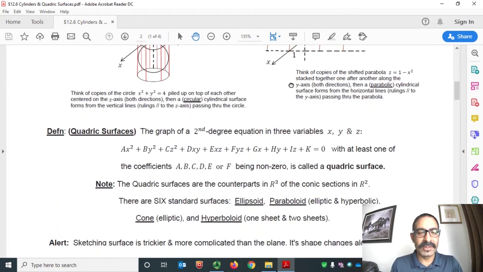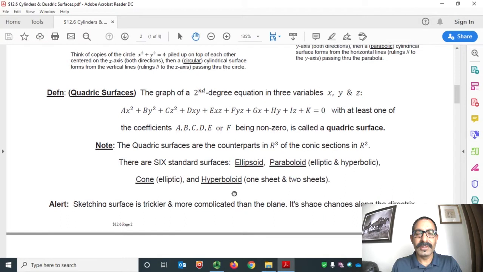Next, let's talk about quadric surfaces. The graph of a second degree equation in three variables x, y, z, such as ax squared plus by squared plus cz squared plus dxy plus exz plus fyz plus gx plus hy plus iz plus k equals 0, with at least one of the coefficients of second degree, here a, b, c, d, e, or f, being non-zero, is called a quadric surface.